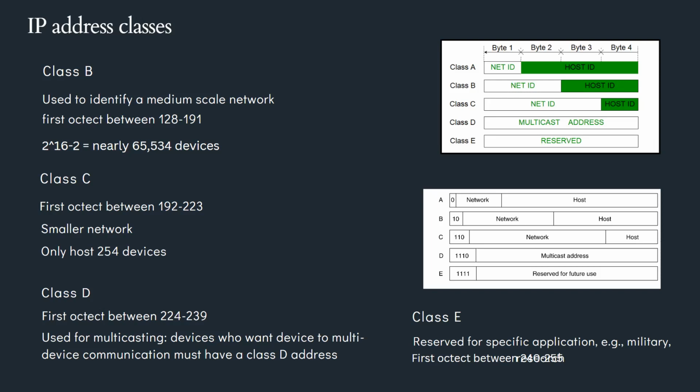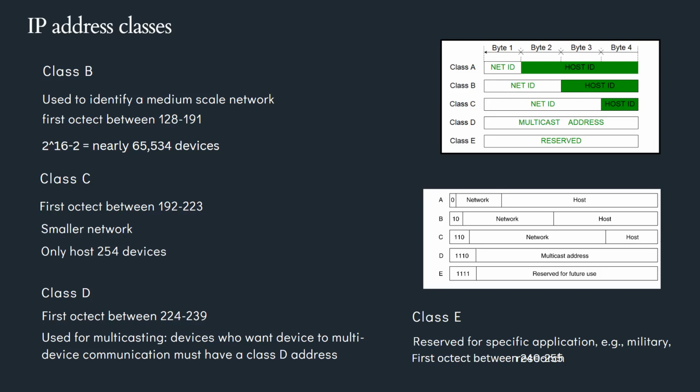It will have a number between 128 and 191 in the first octet. So we can identify the class B addresses easily from these integers. If it is a value between 128 and 191, we can say it is a class B address.